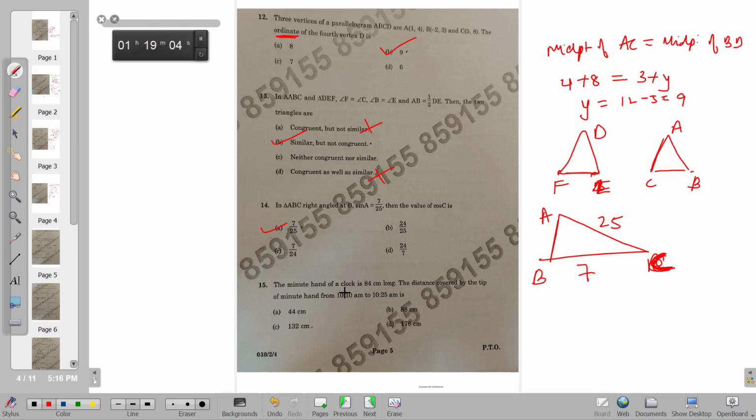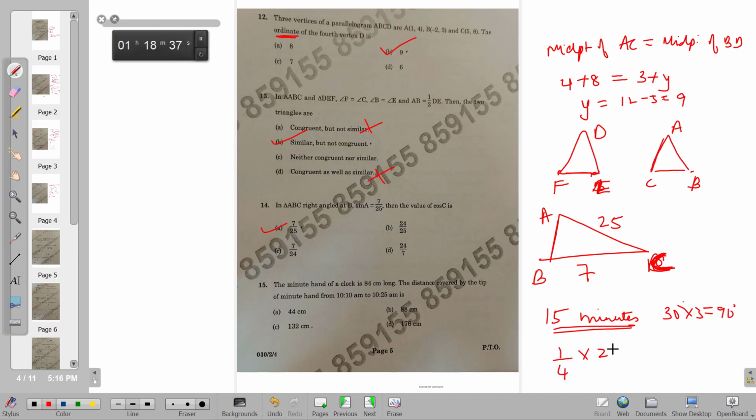15th one. The minute hand of a clock is 84 centimeters long. Find the distance covered by the tip of the minute hand from 10:10 to 10:25. That means we are talking about 15 minutes. In 5 minutes, the minute hand covers 30 degrees, so in 15 minutes it will be 30 into 3, which is 90 degrees. 90 by 360 is 1 by 4.